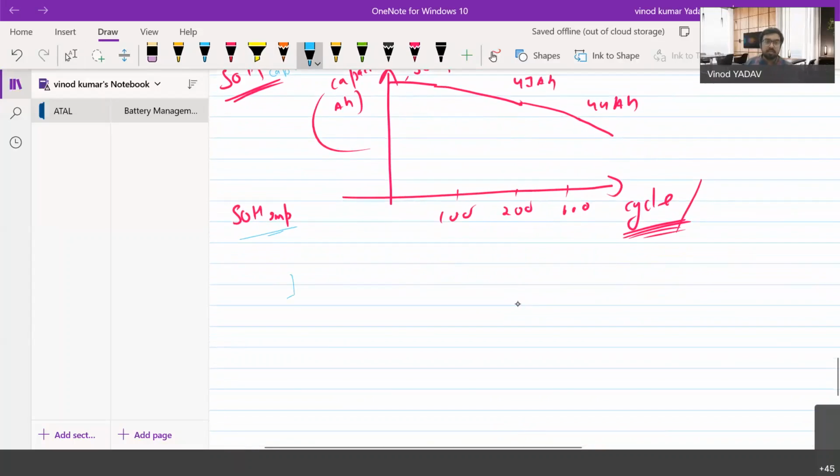Let's just say we have a lithium-ion battery and its effective series resistance, and some potential across this cell. Initially, suppose the effective series resistance was 20 milliohm. After a certain amount of charge cycles, this resistance will increase, and if we draw its plot, it looks somewhat like this.